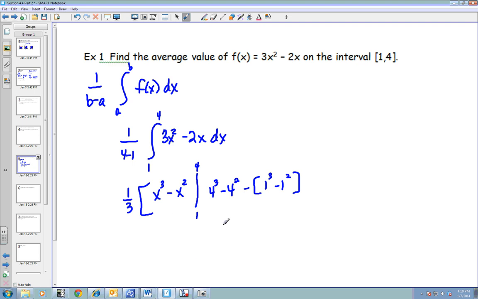So remember, I still have this 1/3 out in front. 64 minus 16 minus 0. So that's 48 times 1/3, 16. The average value of that function is 16.